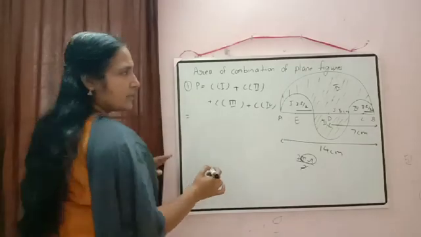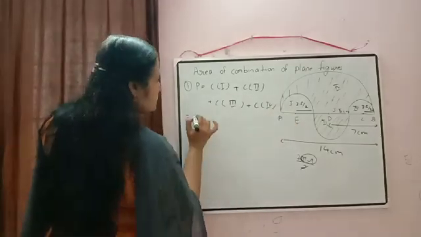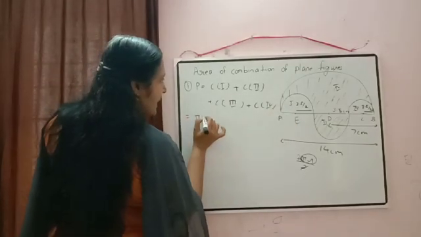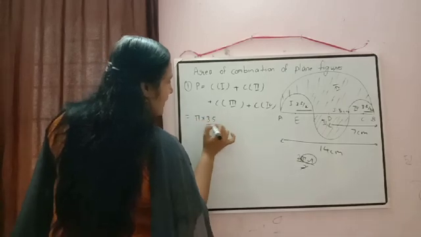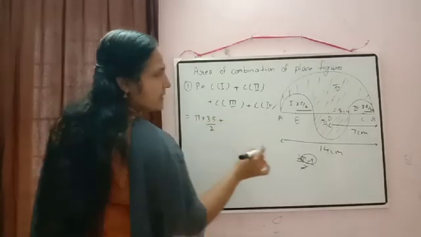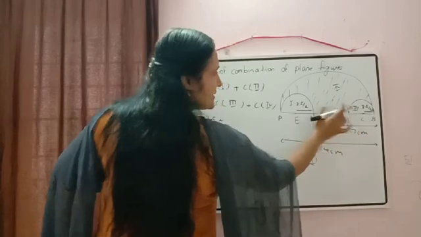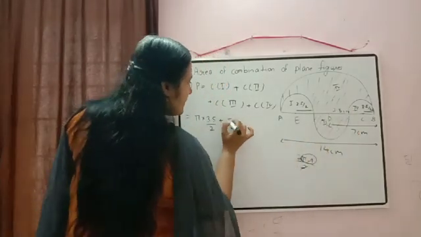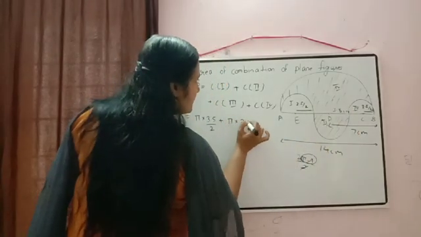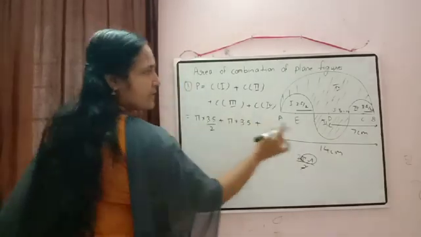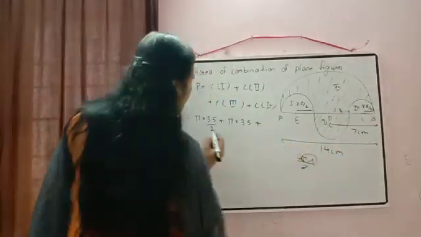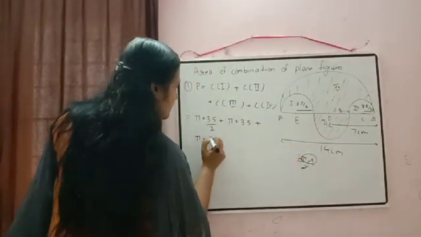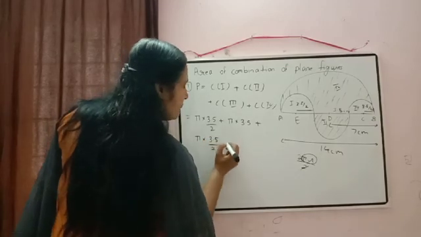No problem. Circumference of the first one will be equal to pi into 3.5 by 2. Circumference of the second one, radius is 3.5, so that will be equal to pi into 3.5. Circumference of the third one also will be equal to pi into 3.5 by 2.